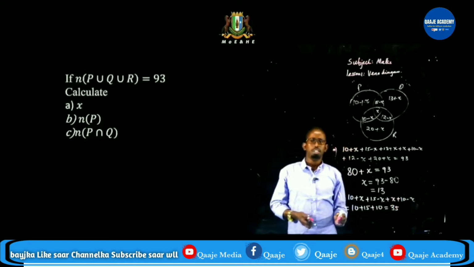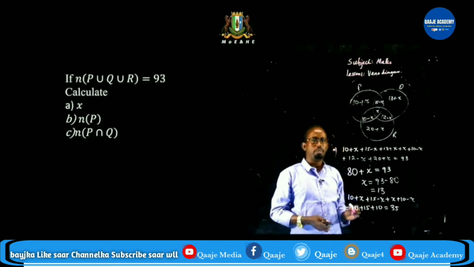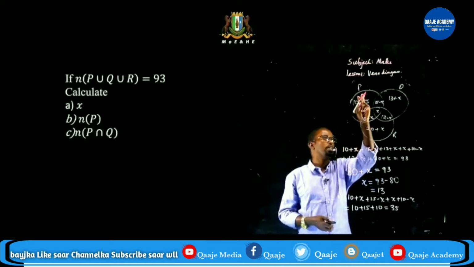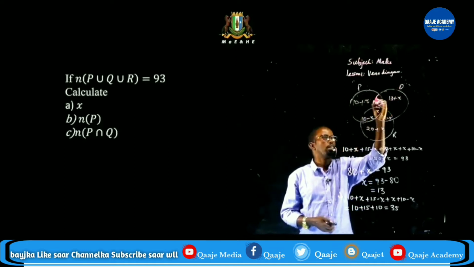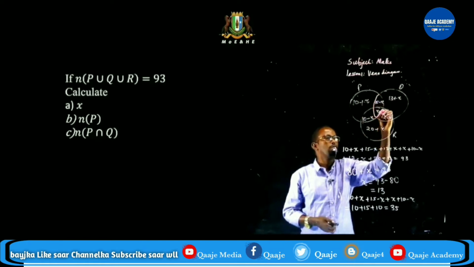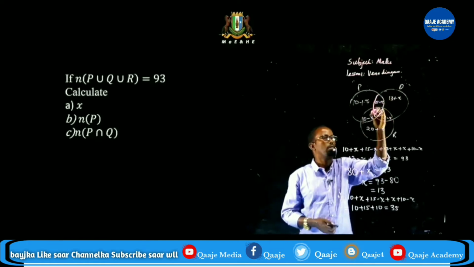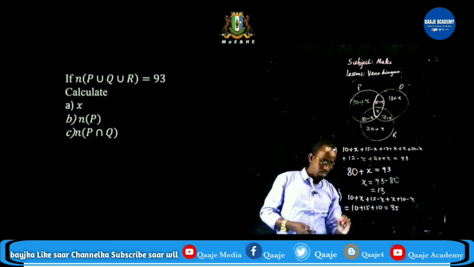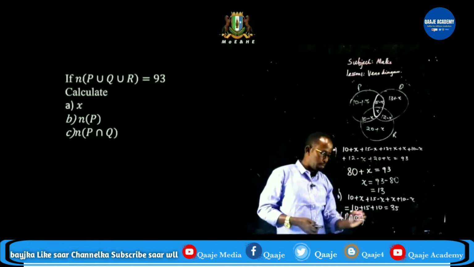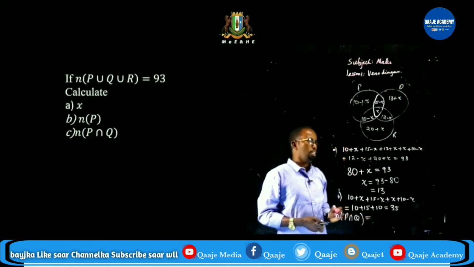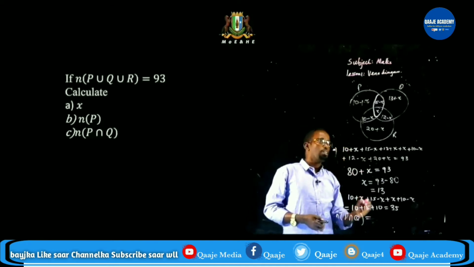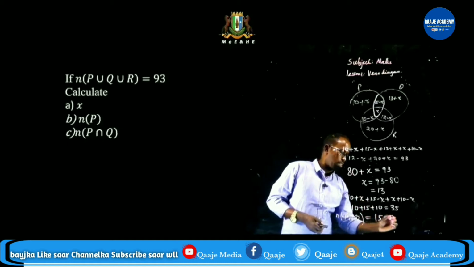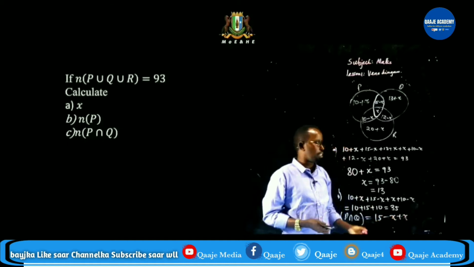35. So intersection P intersection Q. P intersection Q is this overlap. That is question, the last part. 15 minus x plus x minus x plus x is 0.